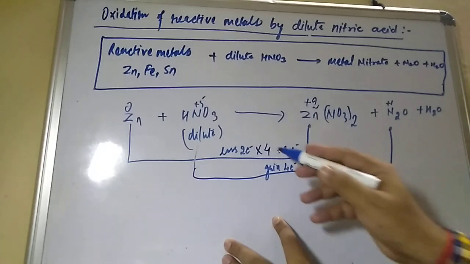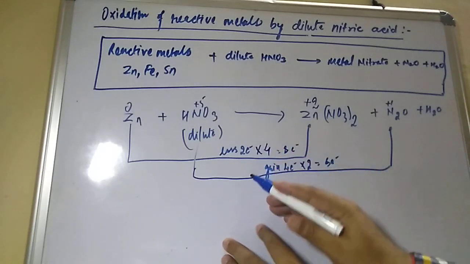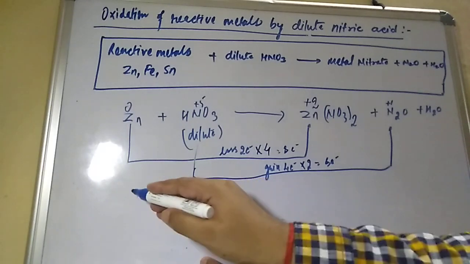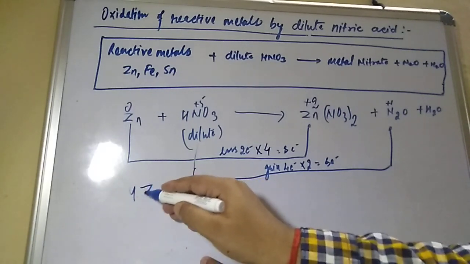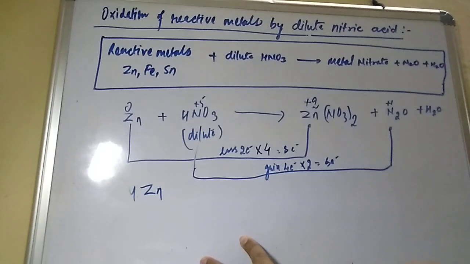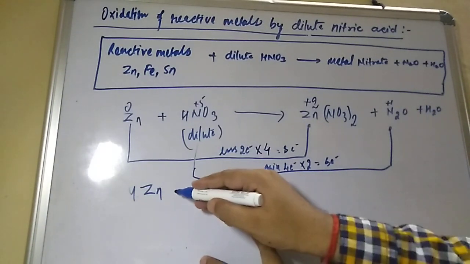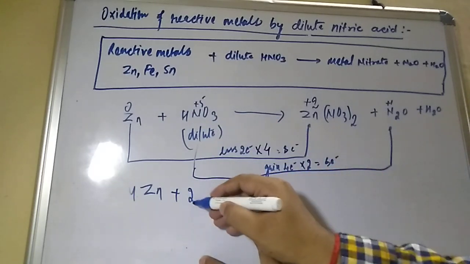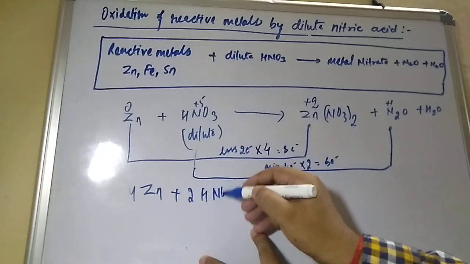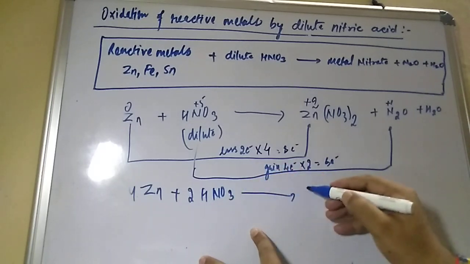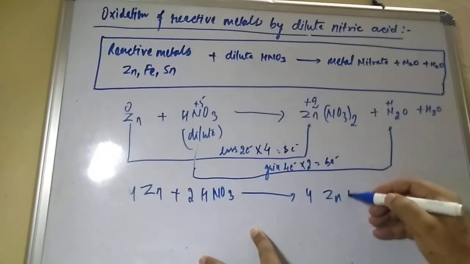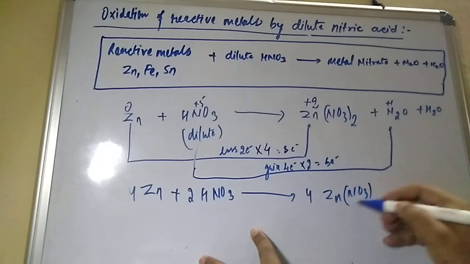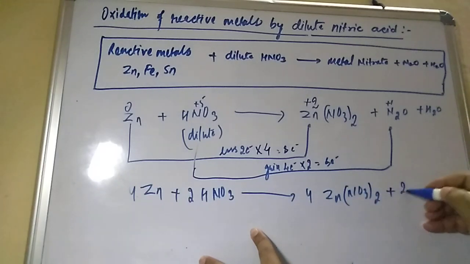So multiplying by 4, you get 4 Zn, and 2 moles of HNO3, giving 4 moles of Zn(NO3)2 and 2 moles of N2O plus water.